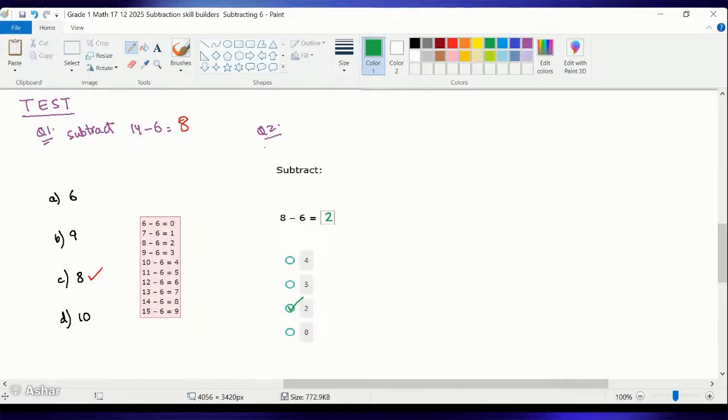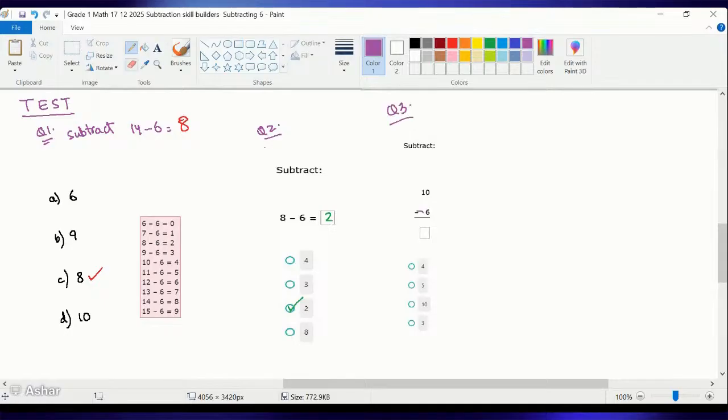I'll just paste the question so that it's more convenient for us. It says subtract 10 minus 6 in question number 3.